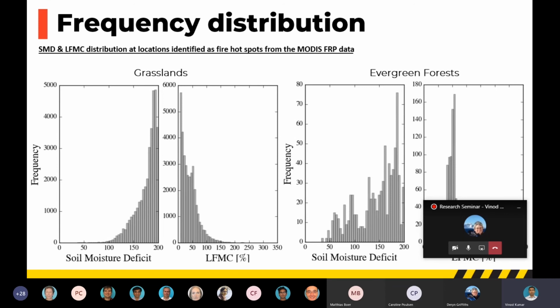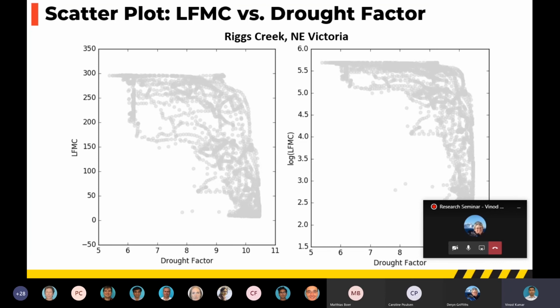So I could look into the scatter plots of the live fuel moisture against drought factor and identify what kind of relationship I can derive from there.